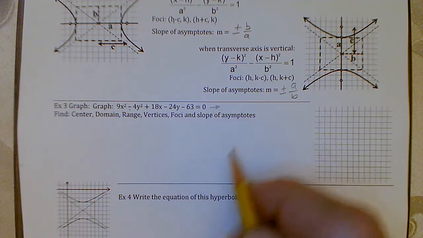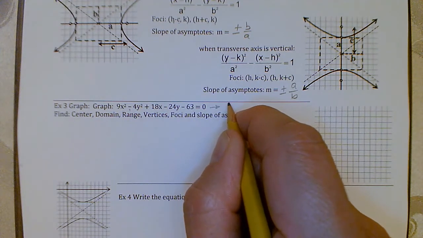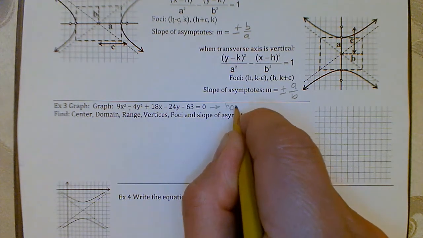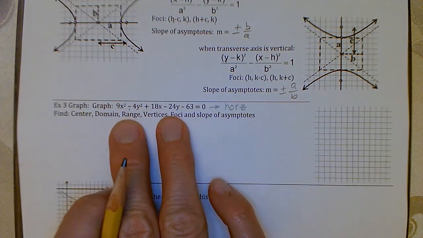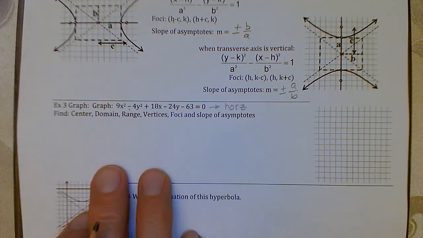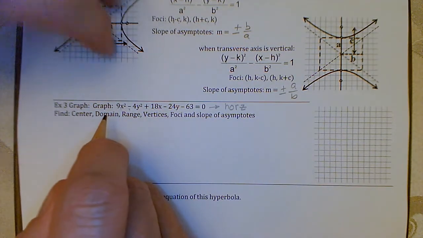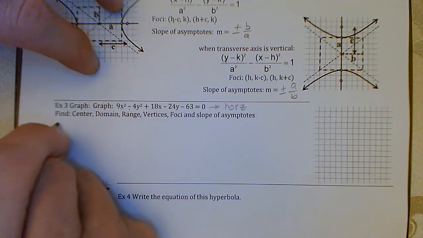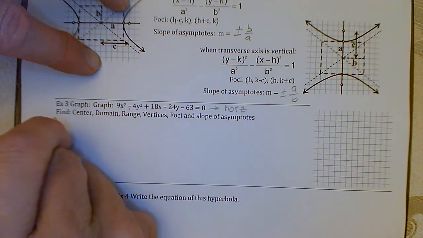The transverse axis will be horizontal in this case. Okay, so when we want to complete the square, we have to complete the square for the x and for the y, very similar to what we did for ellipses.